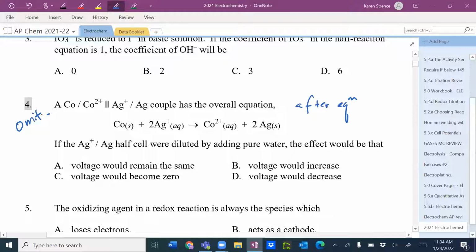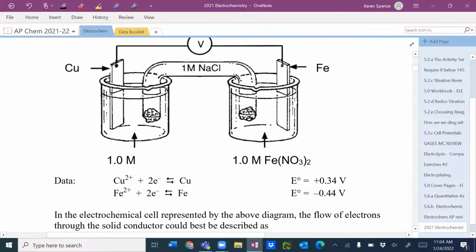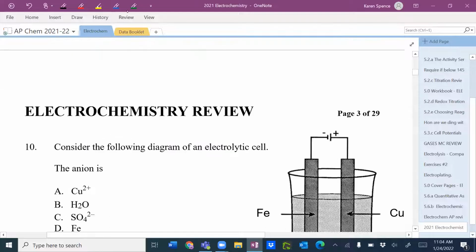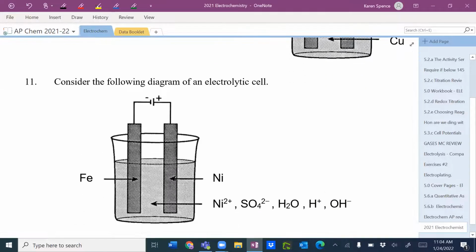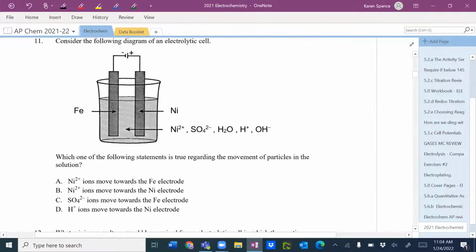Number 13, no, 11 and then 13. 11. Here we have an electrolytic cell. Which one of the following statements is true regarding the movement of the particles? We have the positive terminal of our battery up there and the negative terminal up there.